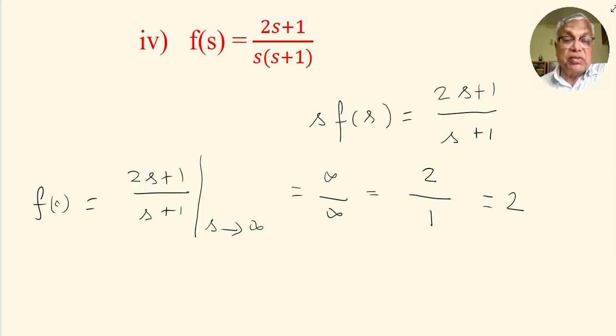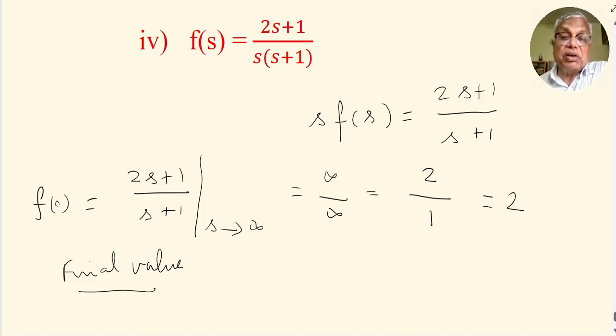Now let us go to the final value. Can we apply the final value theorem here? Does s into F(s) become infinity for any real value of s? No, here s into F(s) never becomes infinity for any value of s satisfying the relation that the real value of s is greater than or equal to 0. So s into F(s) is always finite, and we can use the final value theorem here.